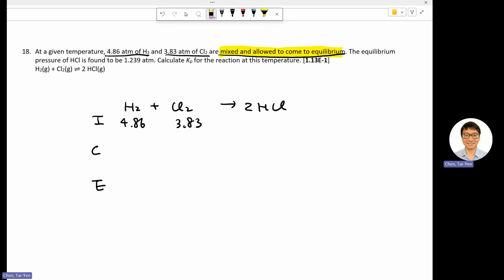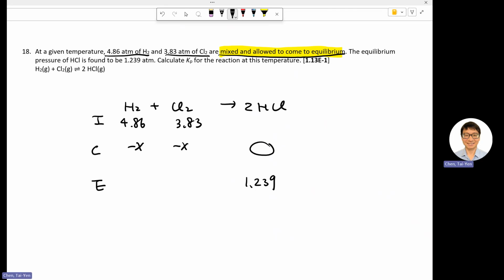At equilibrium, right? So it has to be 1.239 here. This is where the ice table becomes meaningful, because you have some initial condition and some information at equilibrium. So here some change is going to happen, and let's say you have minus x here, minus x here.